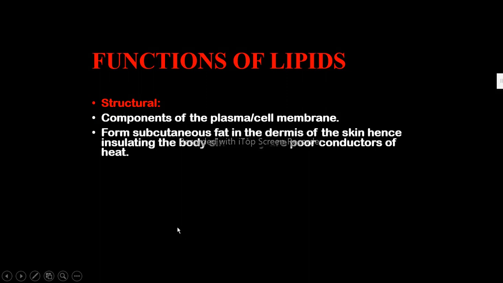Another one: they form the subcutaneous fat in the dermis of the skin. This subcutaneous fat is a layer under the skin where you deposit enough fats in the adipocytes, so you temporarily store fats there.